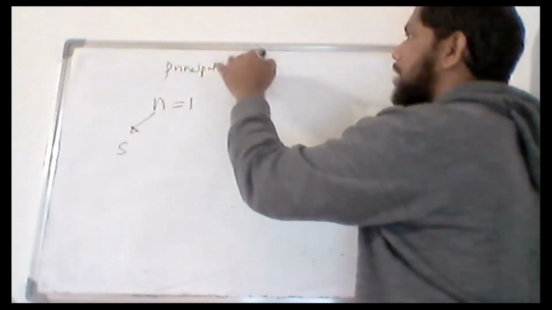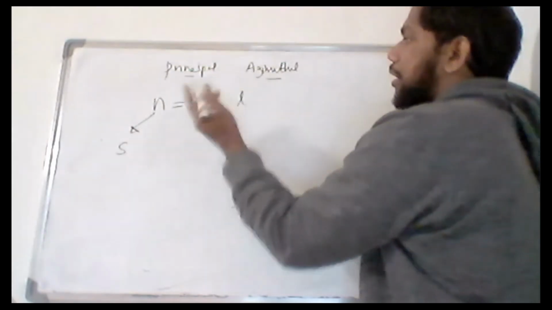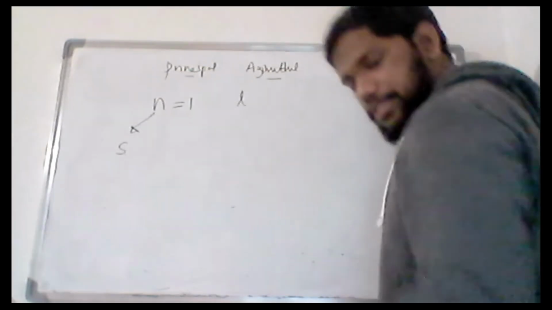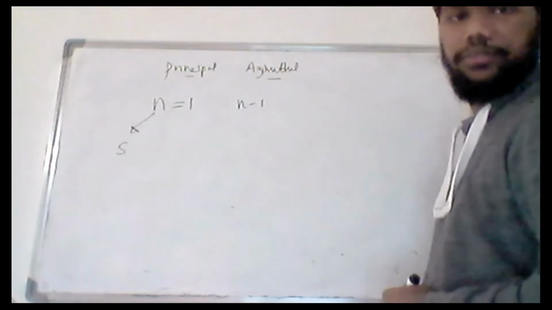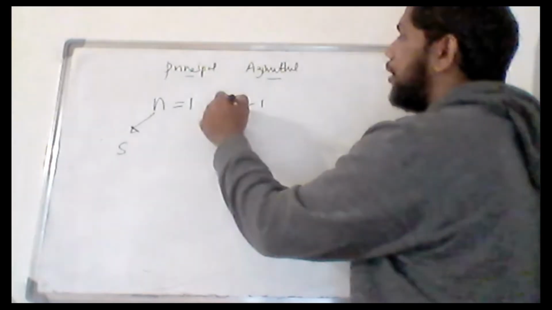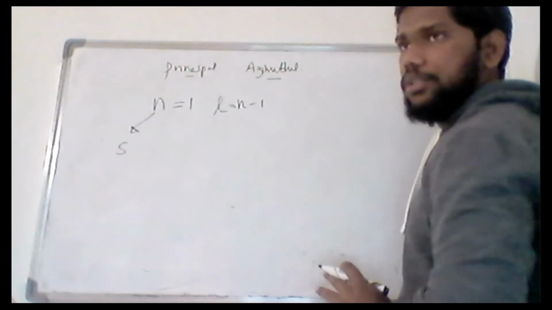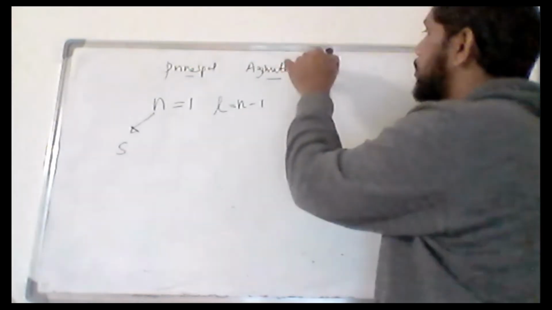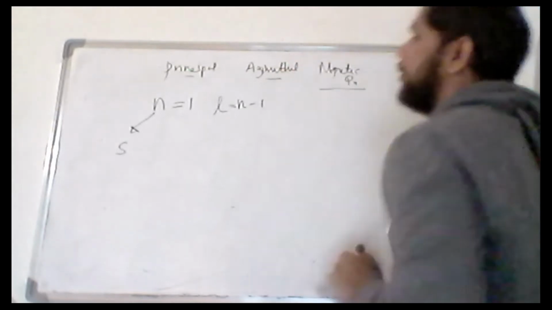Then you have the azimuthal quantum number. This will be in general n minus 1. Okay. So if I put this as L, it is in general n minus 1. And then the idea is magnetic quantum number.